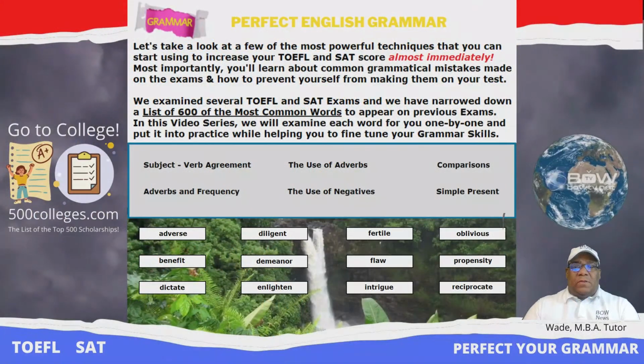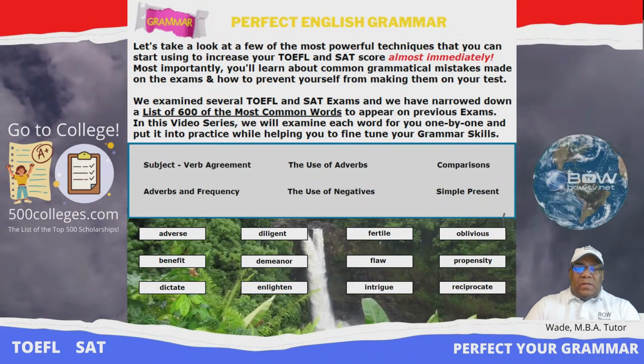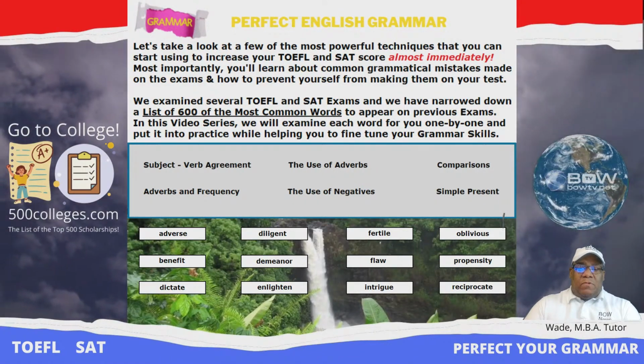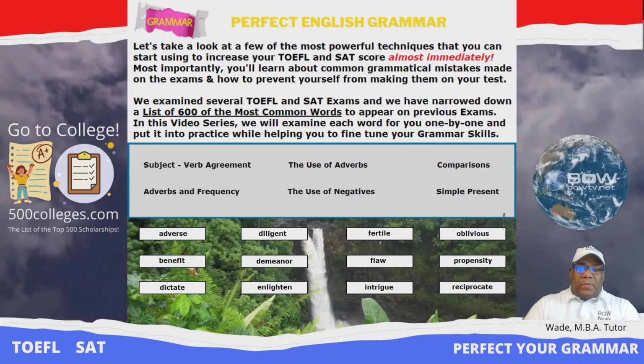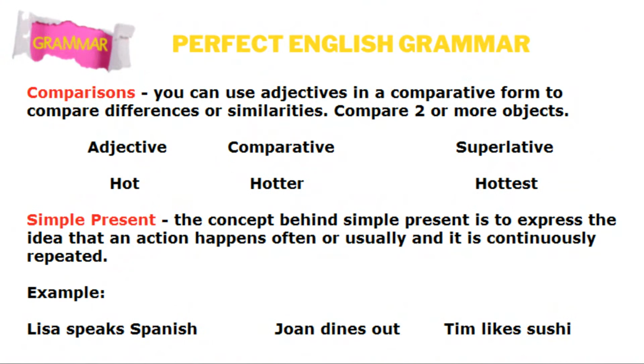With respect to comparisons, you can use adjectives in a comparative form to compare differences or similarities, or compare two or more objects. So here you see the difference between comparisons where you have an adjective, comparative, or superlative.